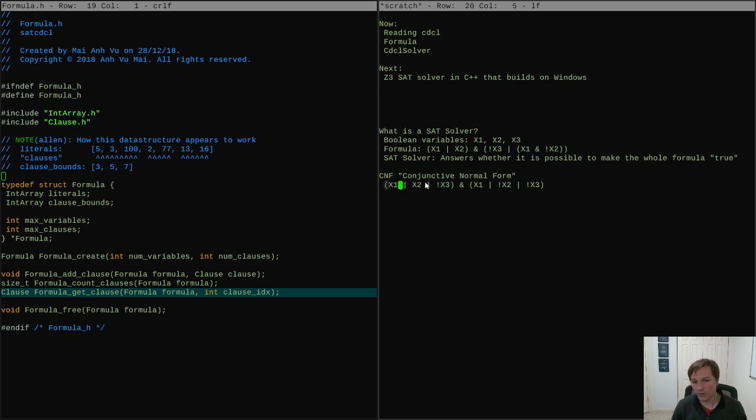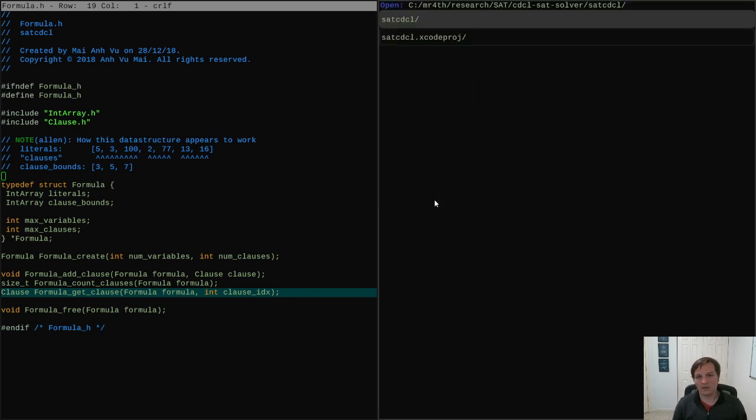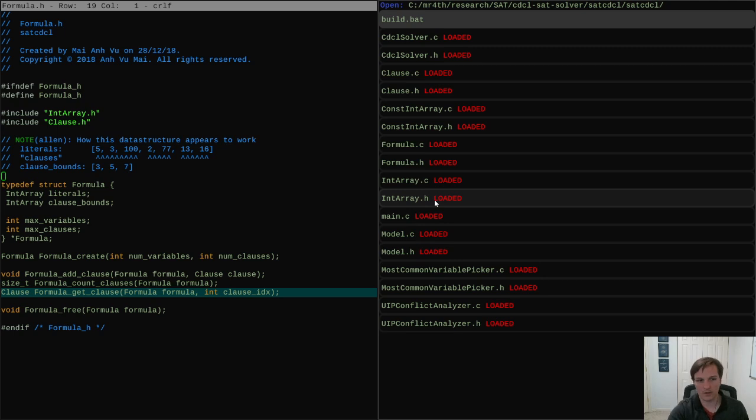We have a way of forming this kind of data because we can say, okay, list out the literals, list them out again in a different way, and then mark the ranges. And it's just understood that the logical relationship between the ands and the ors is a certain way. So that's good to know. We're not going to learn from this how to convert flexible formulas into conjunctive normal form, probably.